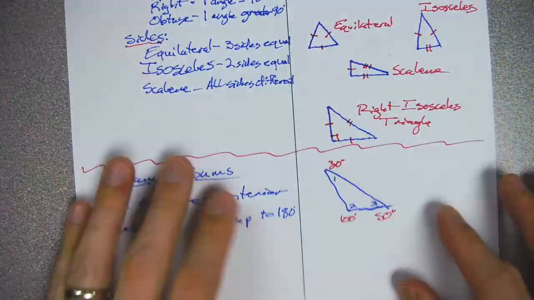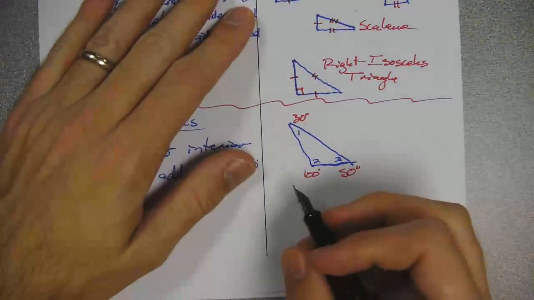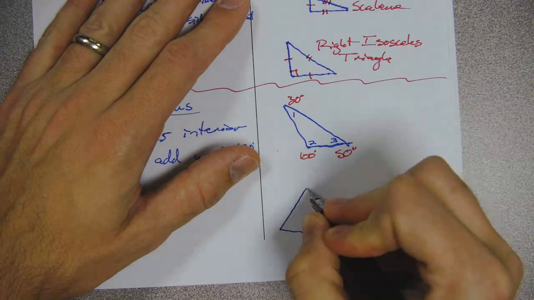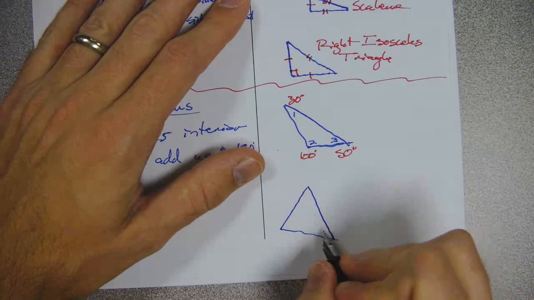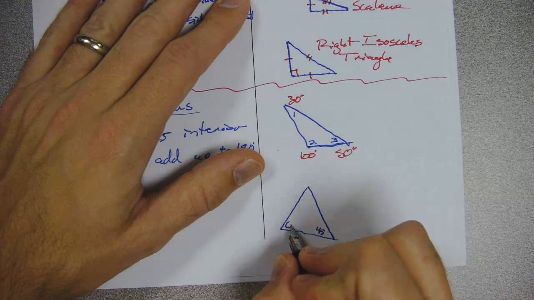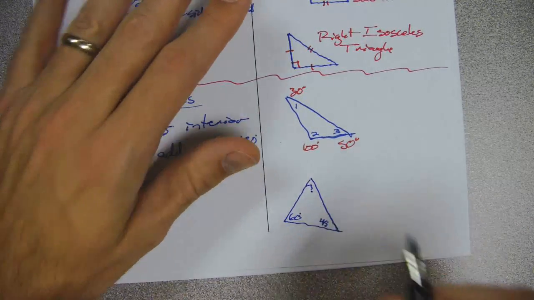So if I know things about a triangle, for example, let's draw maybe an acute triangle this time. So maybe this angle is 45 degrees, and maybe this angle is 60 degrees. How would I figure out this missing angle?